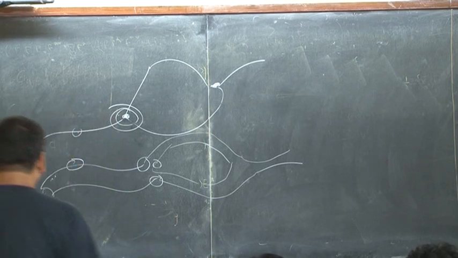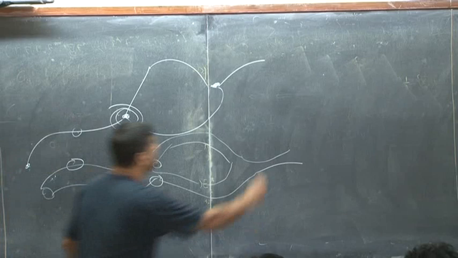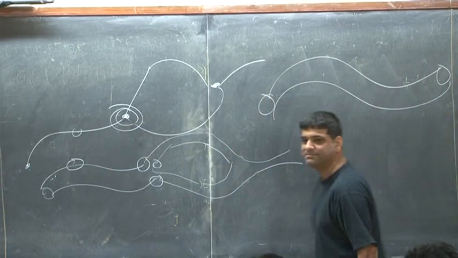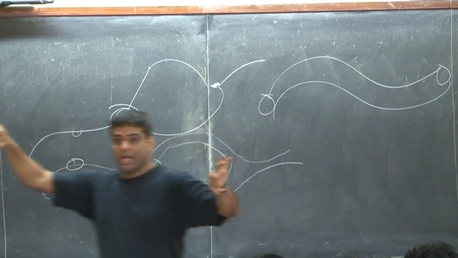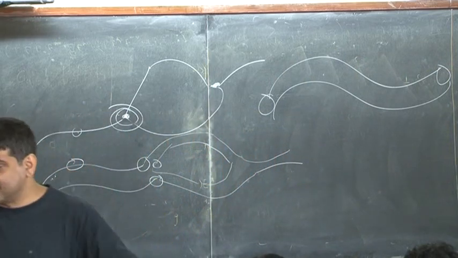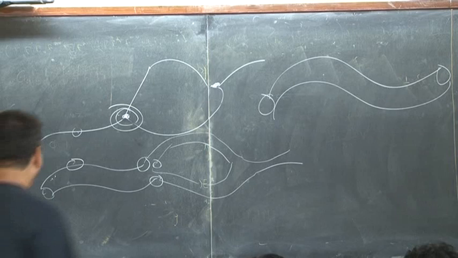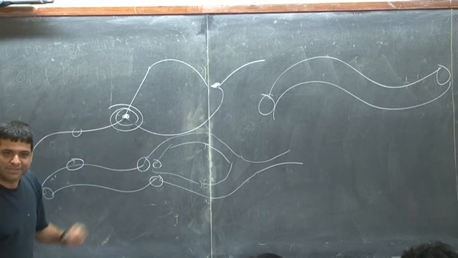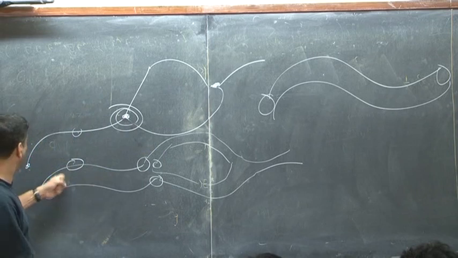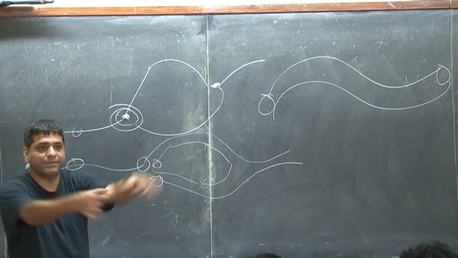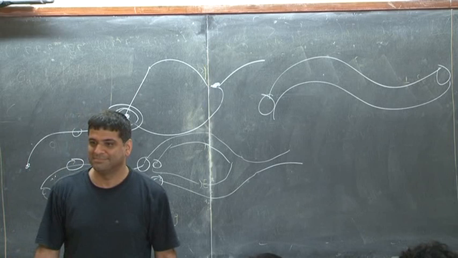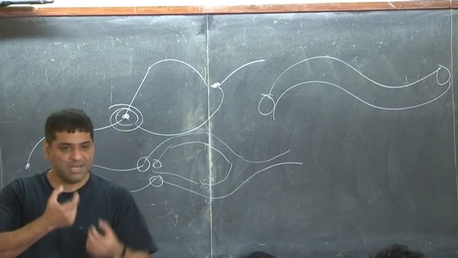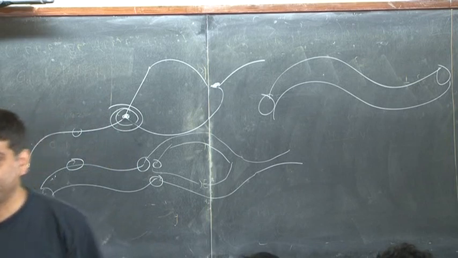Okay? So if you know what the rules are for a string to propagate from here to here, and if you demand that it's governed by the same local world sheet action, you also more or less know, there's a few ambiguities we'll come to, what the rules are for the string to split up into two and then join. Do you understand? Because this is governed just by local physics on the world sheet of the string.